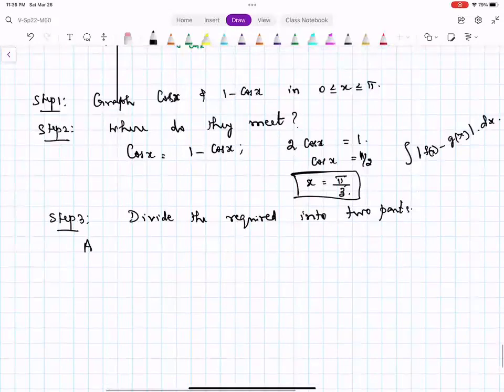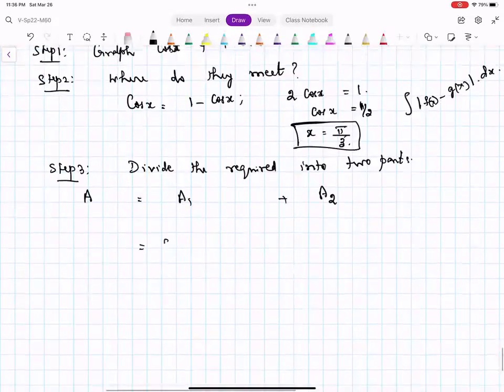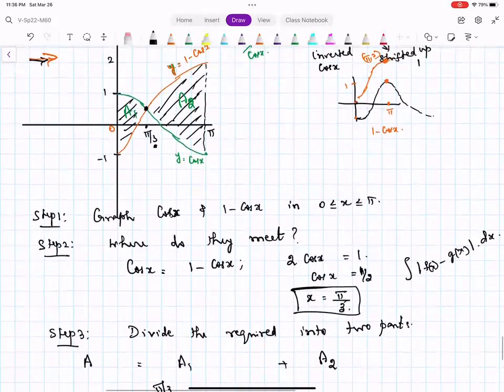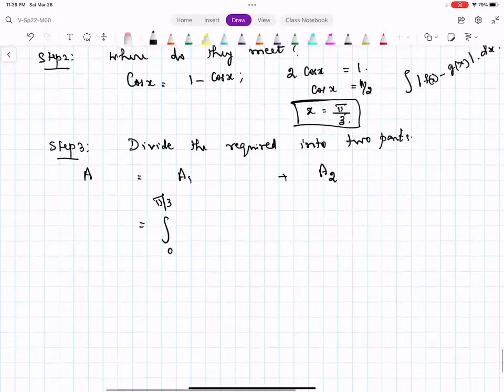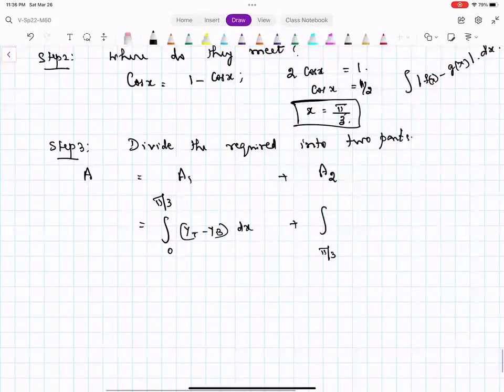So we write A equal to A1 plus A2, the two areas. The first one is the integral from 0 through pi by 3, considering only up to pi by 3, of y top minus y bottom dx. The second part is from pi by 3 to pi. In that part, what is y top minus y bottom dx?